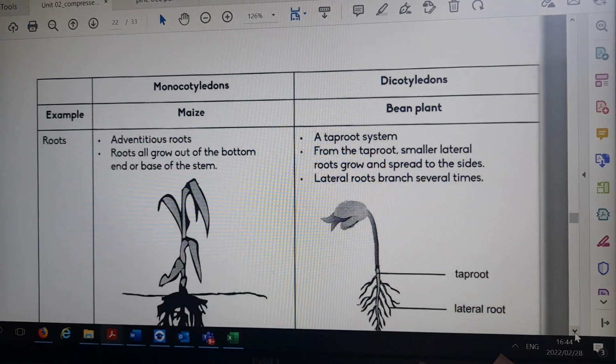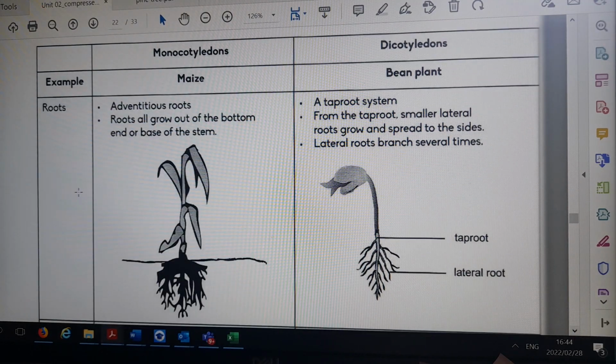We are looking at the roots for maize now. They say they are adventitious roots. Roots all grow out of the bottom end or base of the stem. Then on the bean plant, which is a dicotyledon, we have a taproot system. From the taproot, smaller lateral roots spread to the sides.